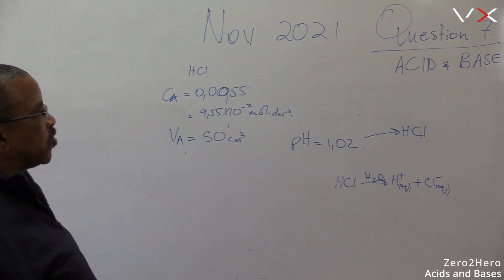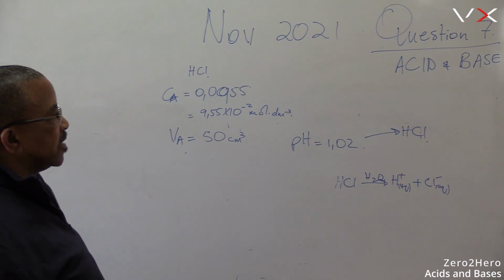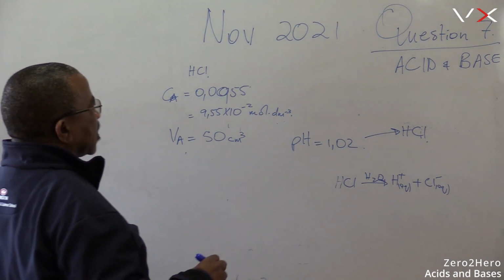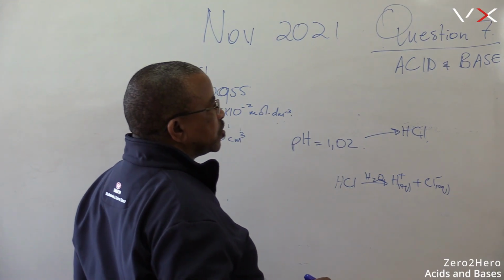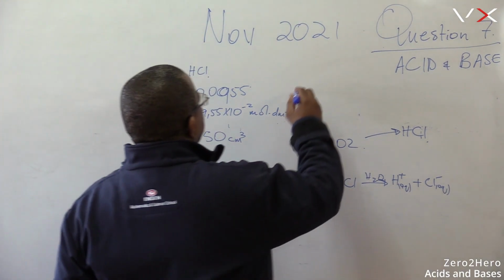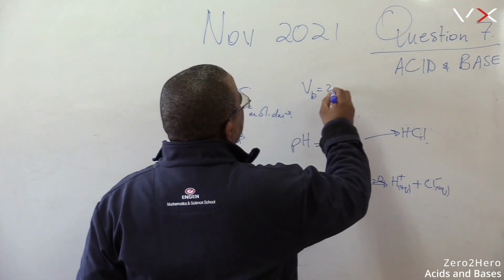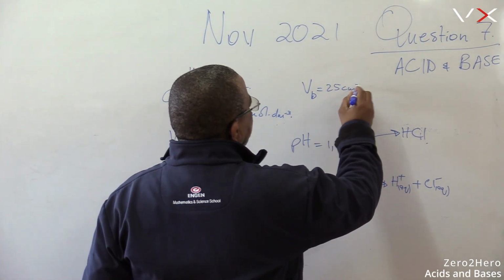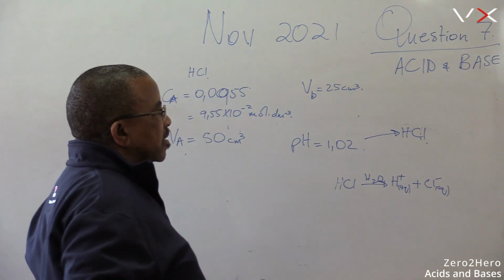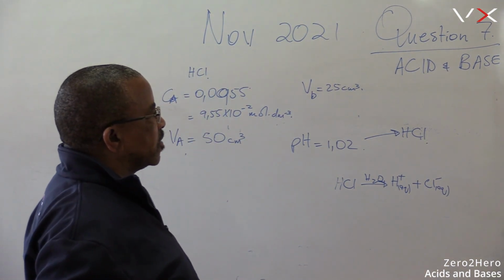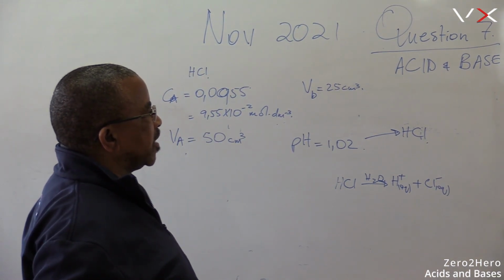50 cubic centimeter of HCl solution is added to the base. The volume of the base, it's how much? It's 25 cubic centimeter of sodium carbonate.